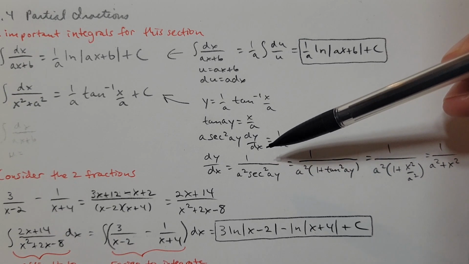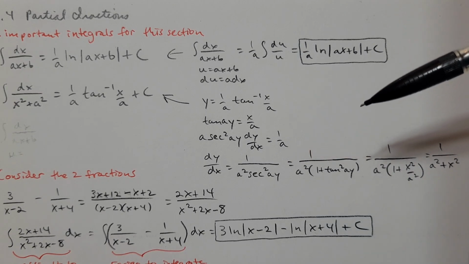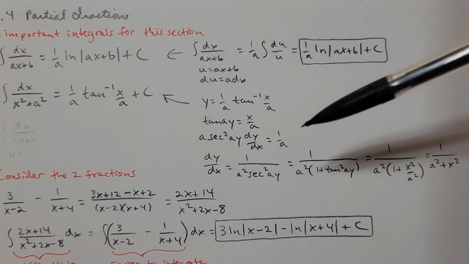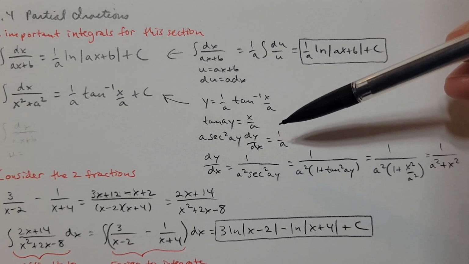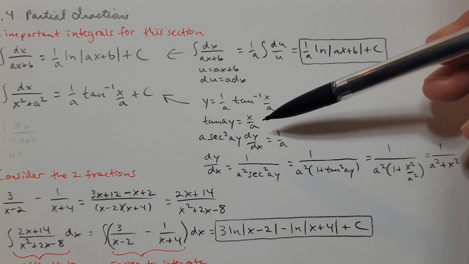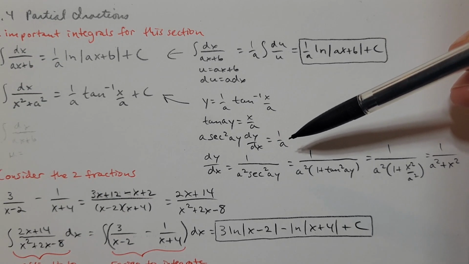Always tack on a dy dx whenever you differentiate anything involving y. Okay, that's something from Calc 1 in section 3.5 when we talk about implicit differentiation. We must have that. And then I just differentiate x as usual. Okay, so the derivative of 1 over a times x is 1 over a.